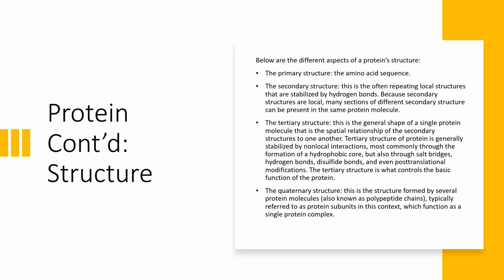The tertiary structure is what controls the basic function of the protein. The quaternary structure is the structure formed by several protein molecules, also known as polypeptide chains, typically referred to as protein subunits in this context, which function as a single protein complex.